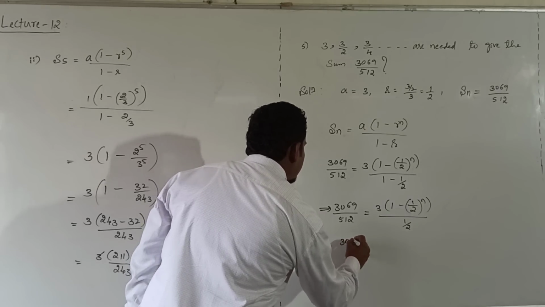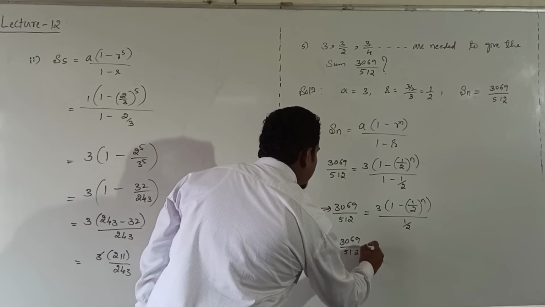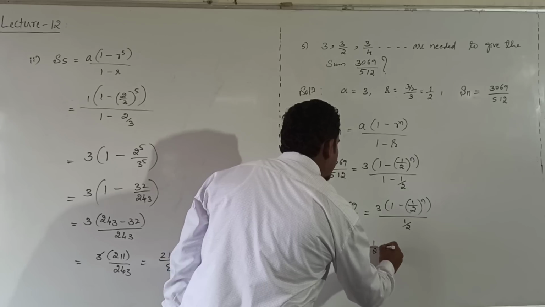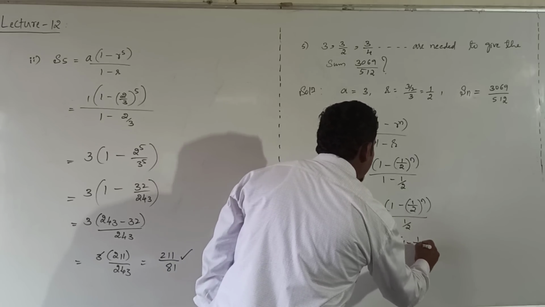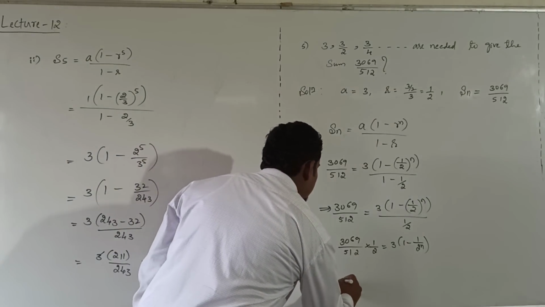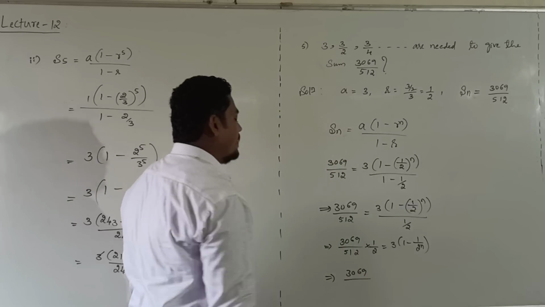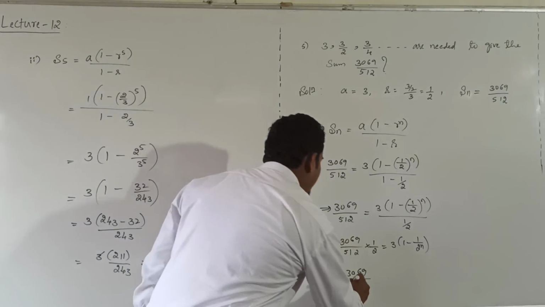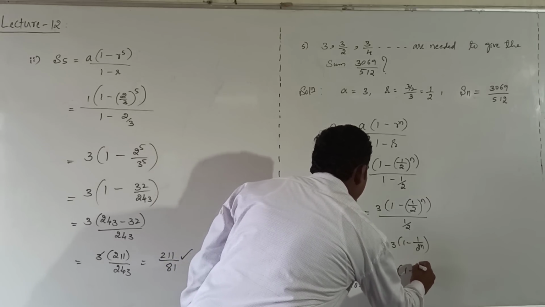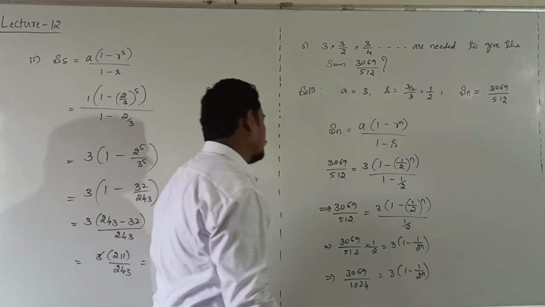On cross multiplication, 3069 divided by 512 into 2 is equal to 3 into 1 minus 1 divided by 2 power n. 3069 divided by 512 into 2 is 3069 divided by 256.